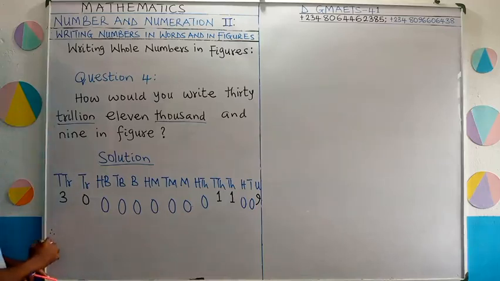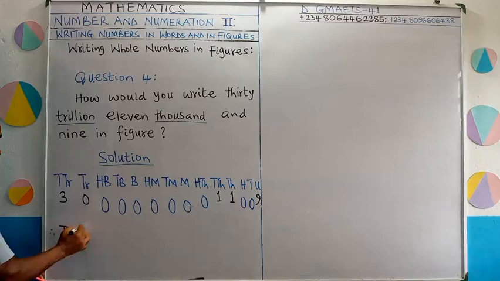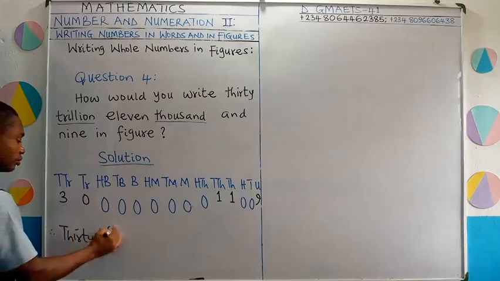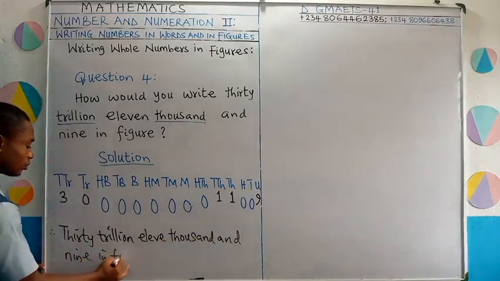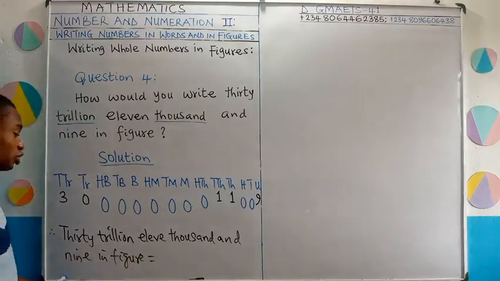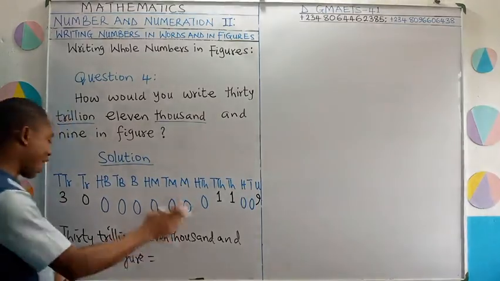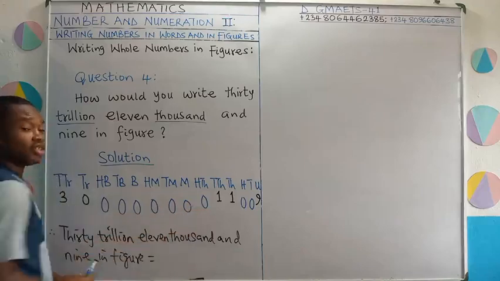Let's conclude. Therefore, writing 30 trillion, 11,009 in figure will now be equal to, I'll write out all these digits. So let's go.